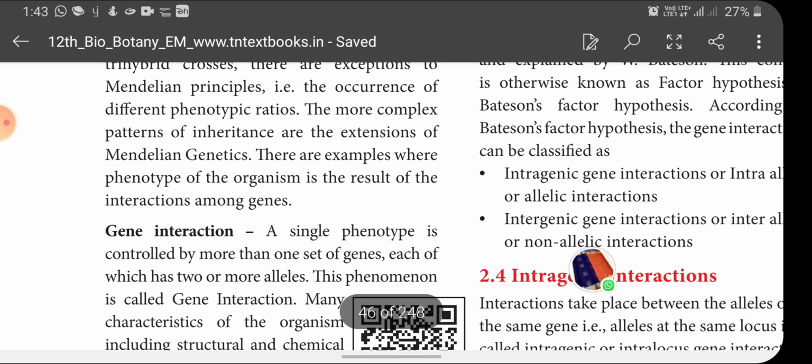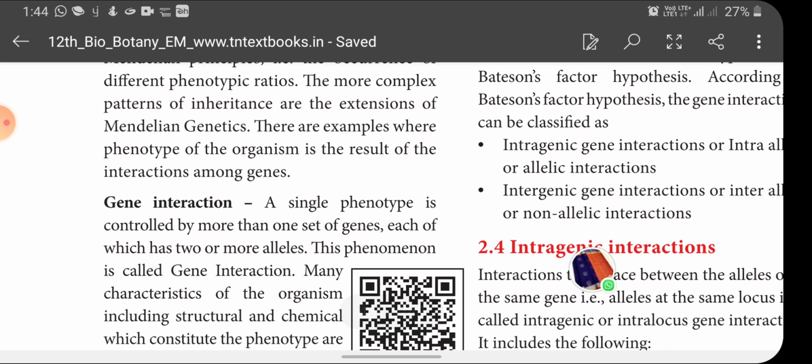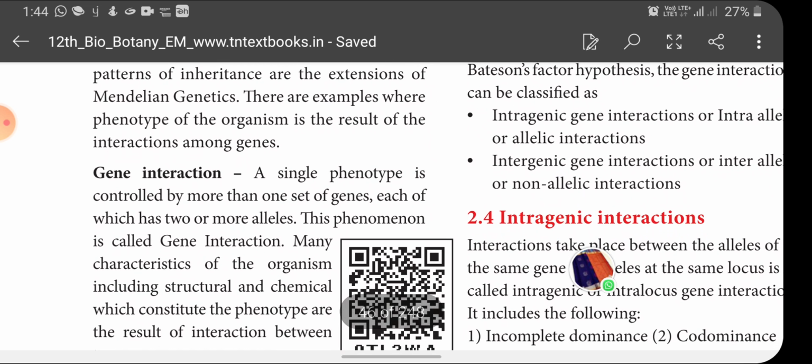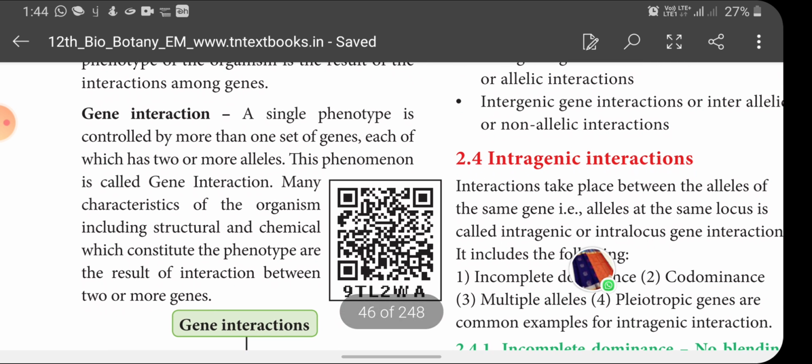Gene interaction: a single phenotype is controlled by more than one set of genes, and each set of genes has two or more alleles. This phenomenon is called gene interaction.